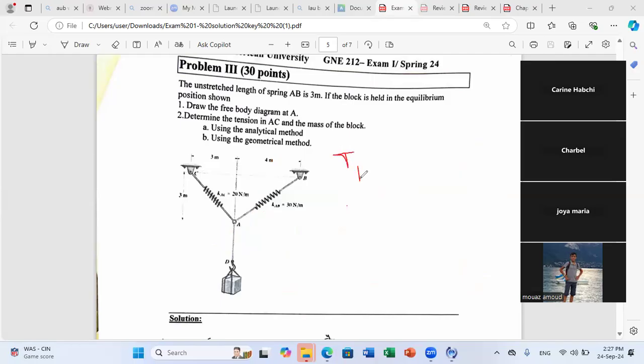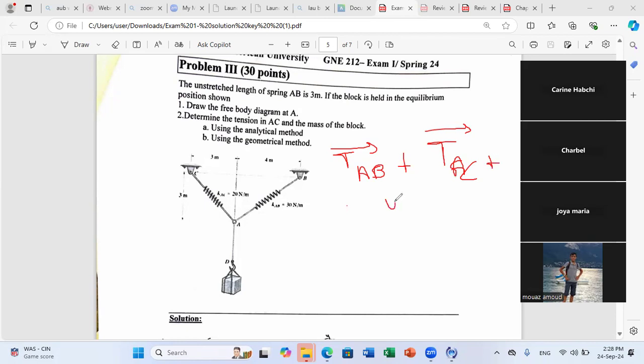TAB plus TAC plus W vector equals 0. You are familiar with the geometrical method in case of resultant, but it's really the same thing.